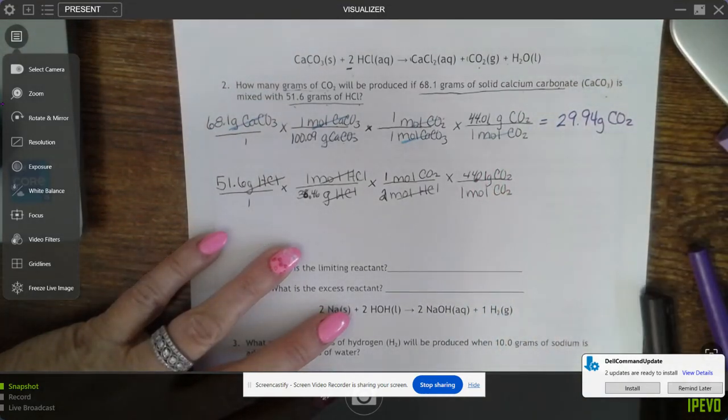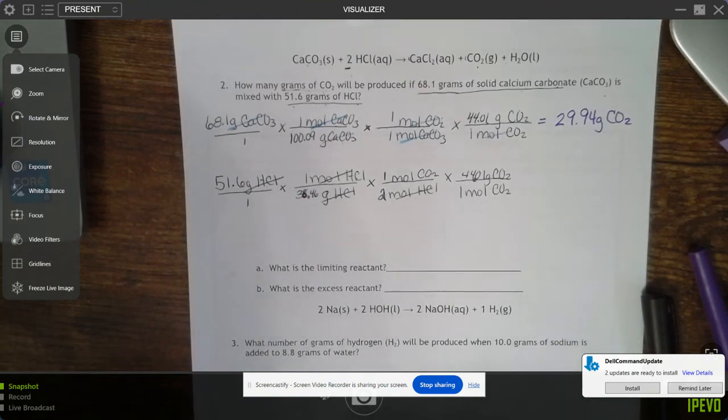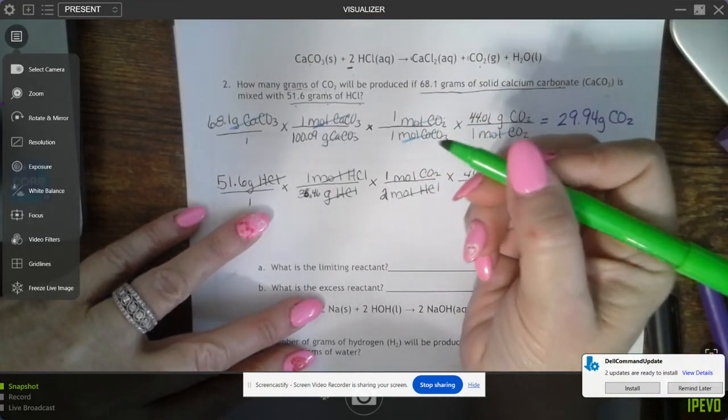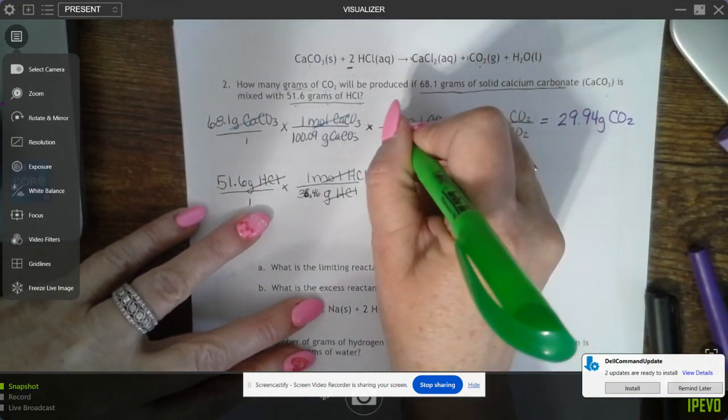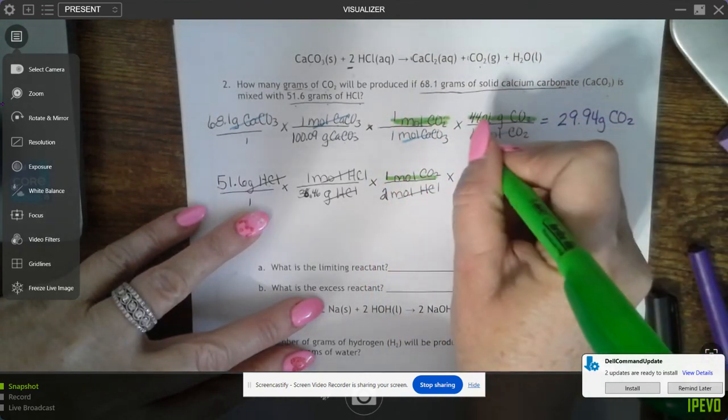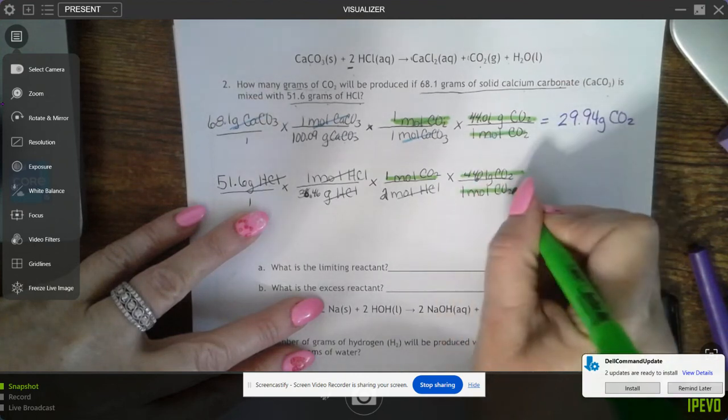Now notice something. When you do these stoichiometry problems, once you start looking at your unknown, your calculations are going to be identical. So we've got 1 mole of CO2, and then our mole conversion to grams of CO2.